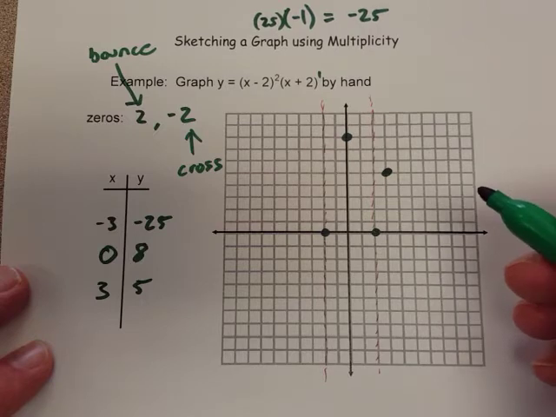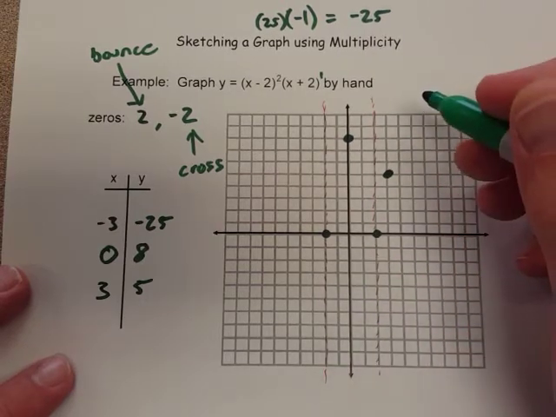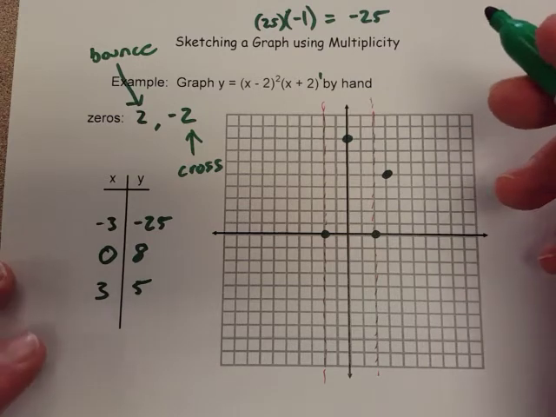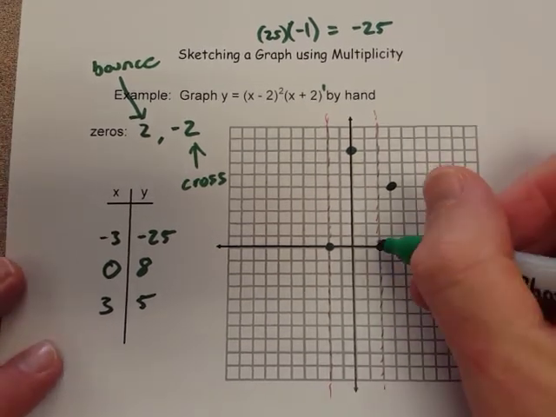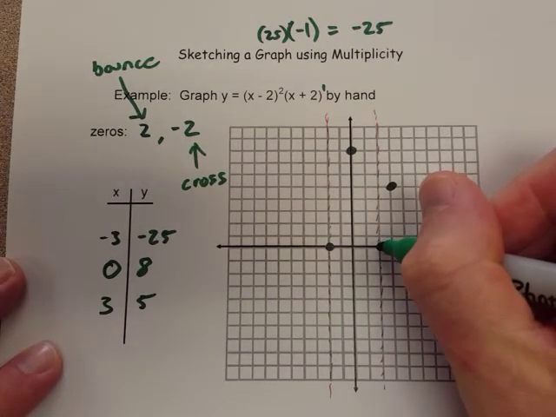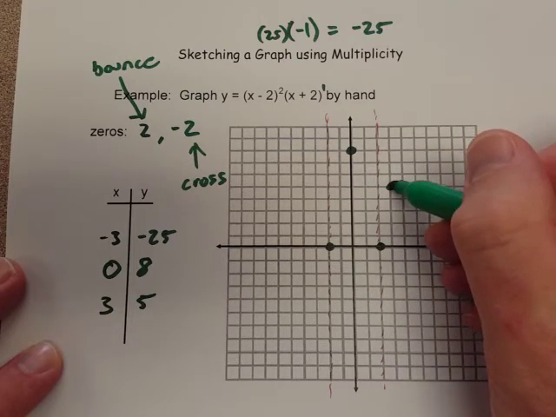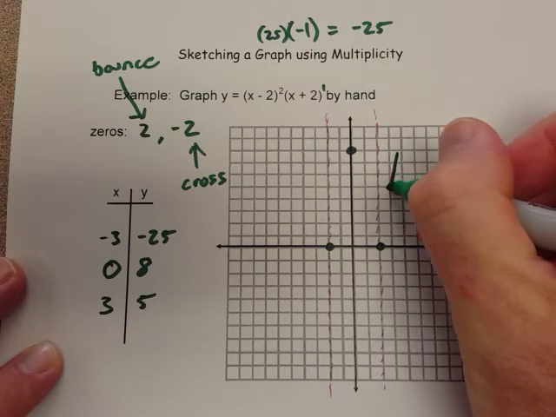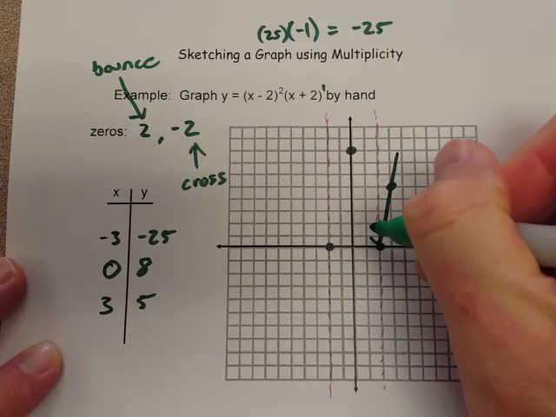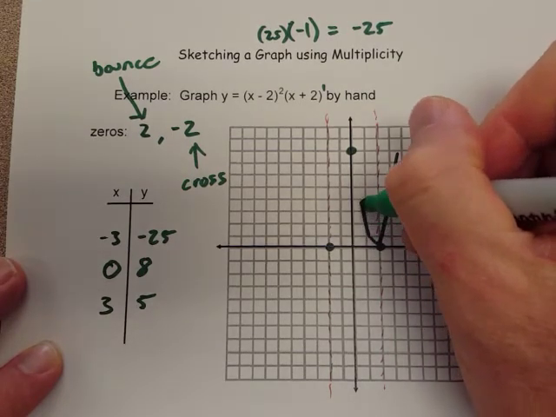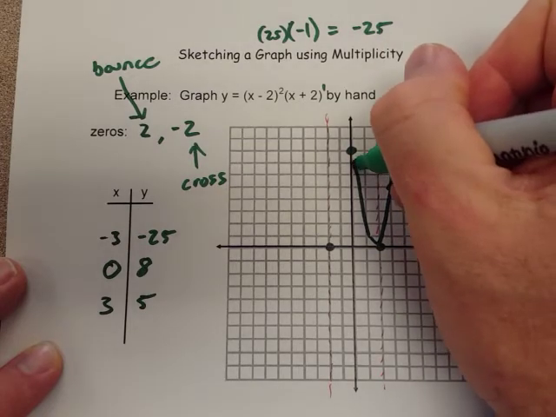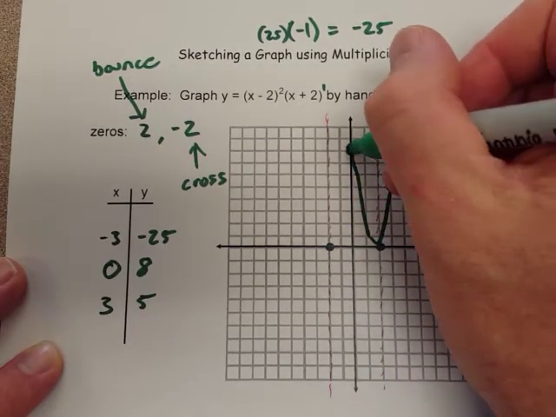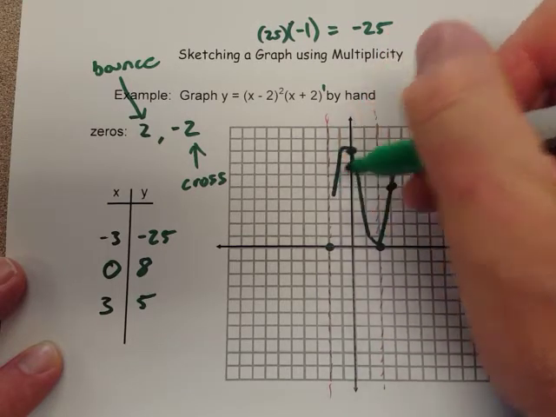My last step of this process is going to be to sketch this thing using the points I have. I don't have a whole lot, but I do know that this one bounces, and so I see that I've got a point up here, it's supposed to bounce. When I sketch this graph, I'm going to make sure it bounces, so I go up here back through this point, and then it's got to go through here and cross, so I'm going to go sharp back down again.